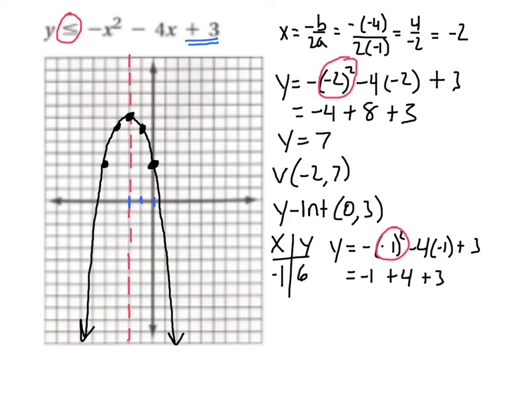Sure, you can pick 1, 1. 1, 1 sitting right out here. If it was me, I would probably pick something a little farther away to make it more obvious whether or not I'm picking a point inside or outside the parabola. So I might pick something like 3, 0.